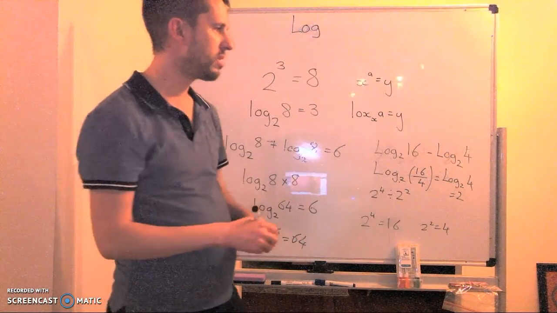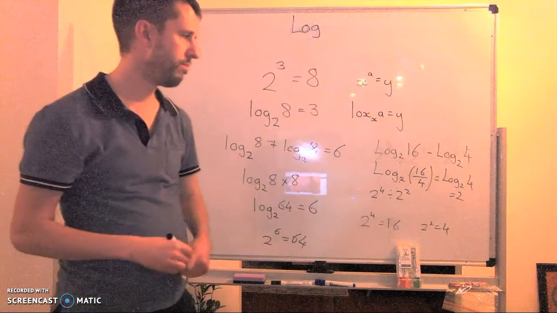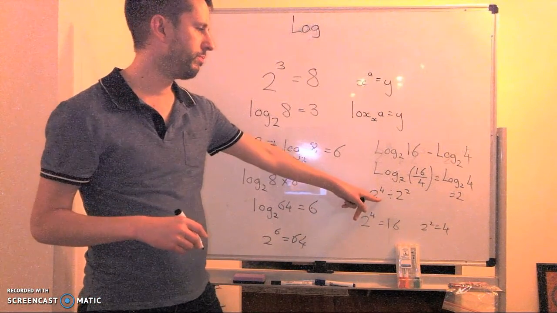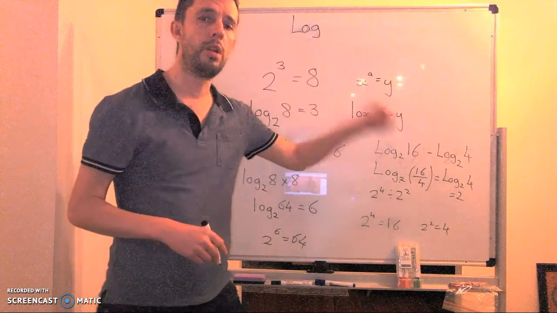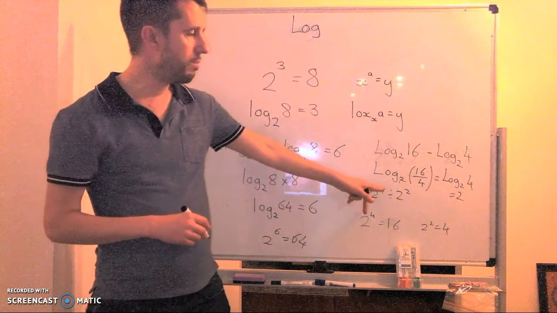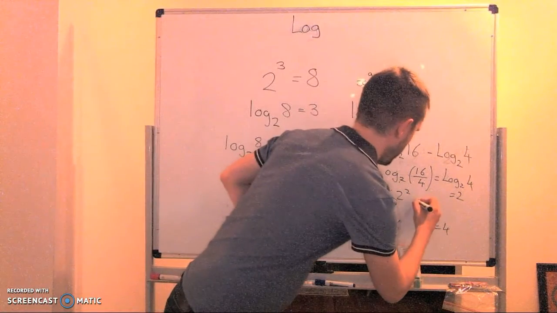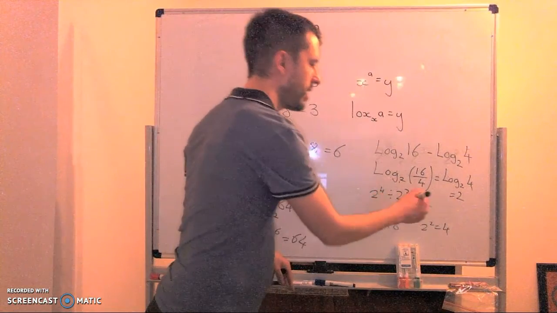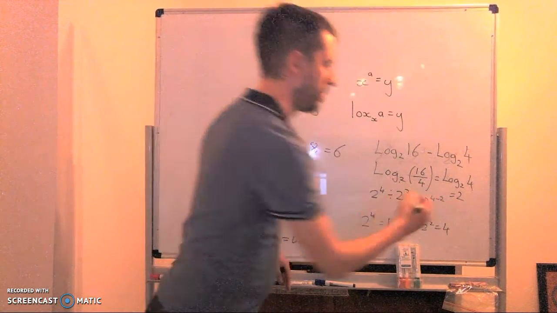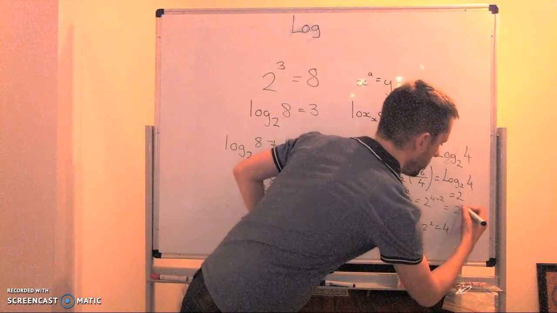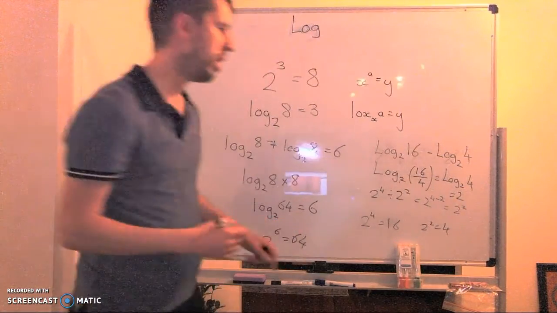So that's helping us out right now. Let's have a look at this. If I'm dividing 2 to the power of 4 divided by 2 to the power of 2, I'm subtracting my powers. 4 take away 2 is 2. So I get 2 to the power of 2.